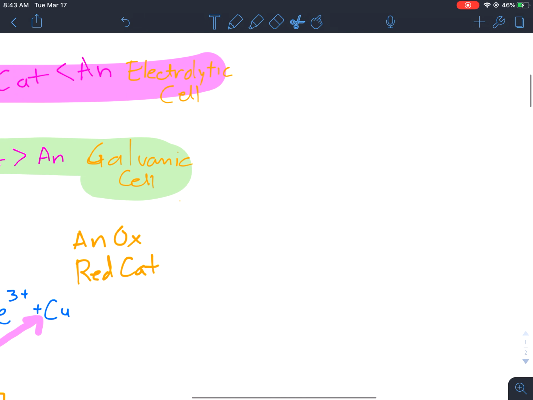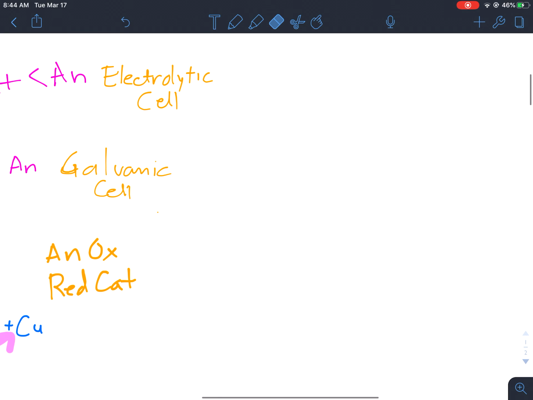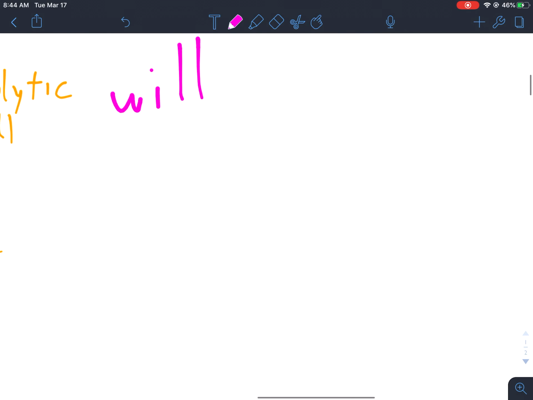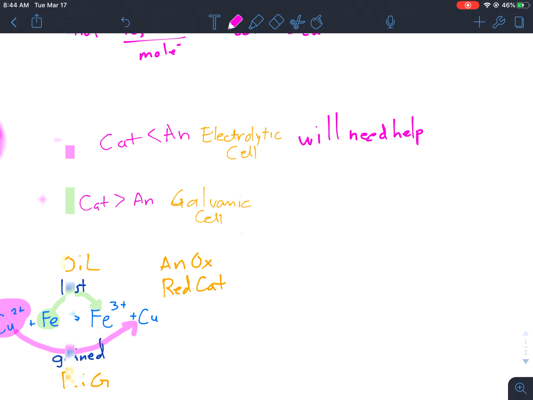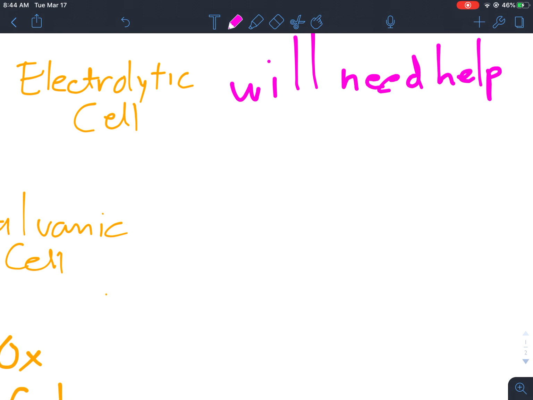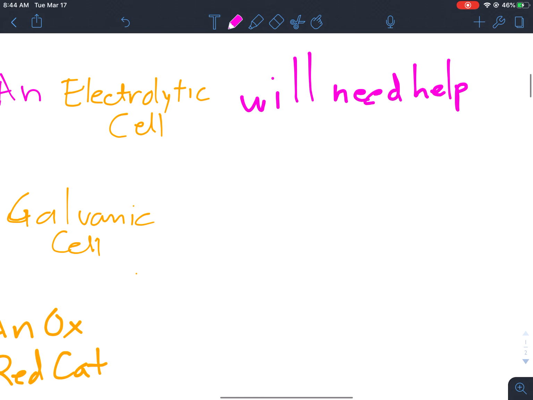Now, let me give you just two things about an electrolytic cell and a galvanic cell before we end this lesson. An electrolytic cell will need help. And there are two things about it.